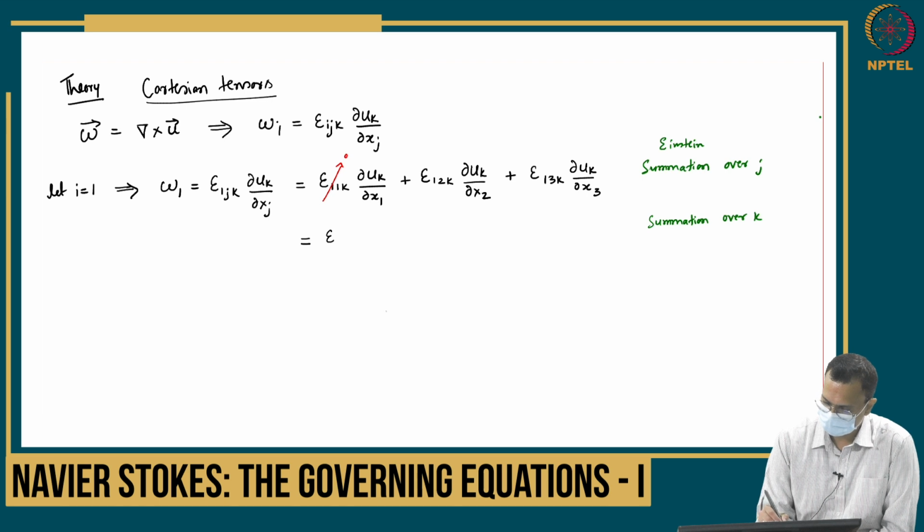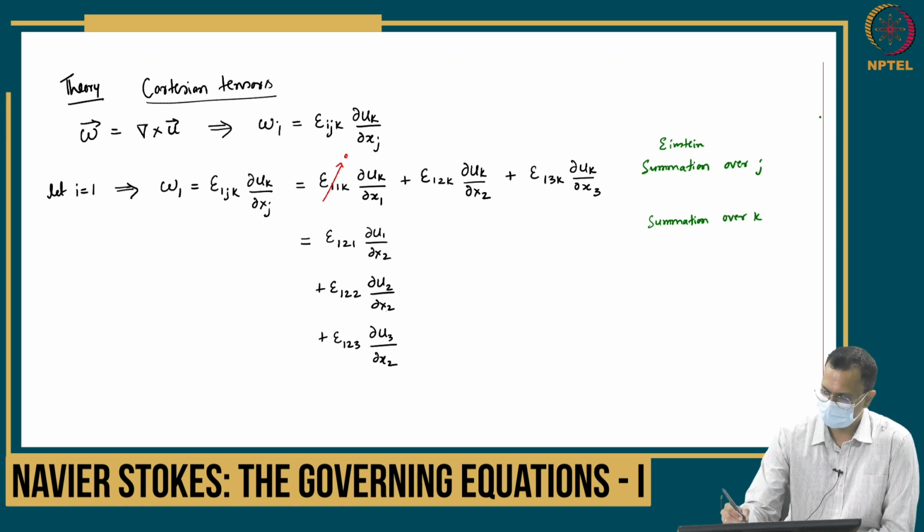So I get epsilon 1 2 1 dou u1 by dou x2 plus epsilon 1 2 2 dou u2 by dou x2 plus epsilon 1 2 3 dou u3 by dou x2. Again you see here this is 0, 1 2 1 is 0, 1 2 2 is also 0.